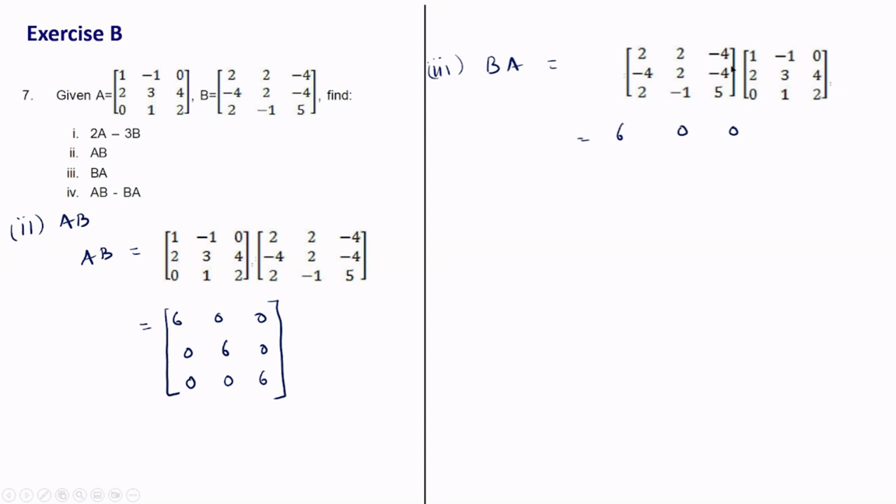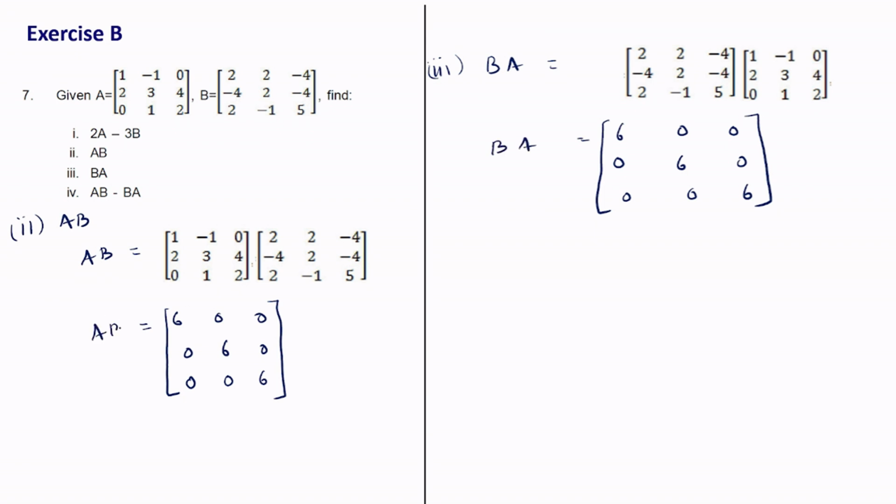Next we have minus 4 plus 4 minus 0, 0. Then 4 plus 6 minus 4, it is 6. Then 0 plus 8 minus 8, 0. Then 2 minus 2 plus 0, it is 0. Then minus 2 minus 3 plus 5, which is 0. Next we have 0 minus 4 plus 10, so 10 minus 4 is 6. So this is BA.